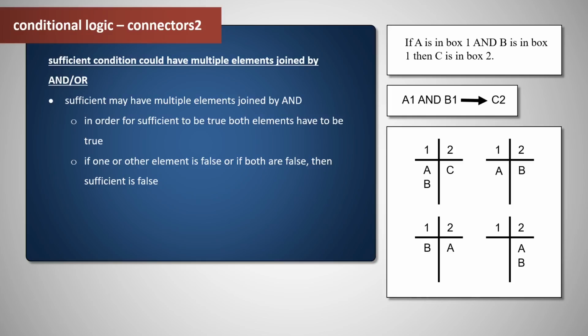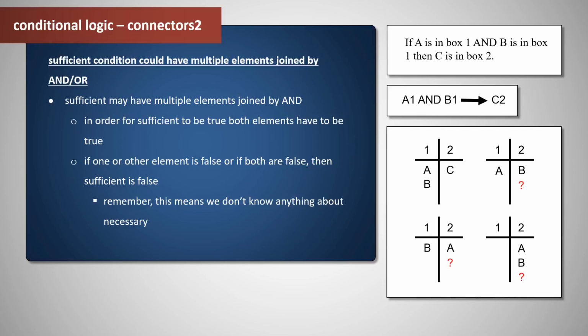However, remember, just because the sufficient is false, this means that we don't know anything about the necessary. The conditional relationship is that if the sufficient is true, the necessary has to be true. But that doesn't tell us what happens if the sufficient is false. You could have another rule that will get us to C being in 2.